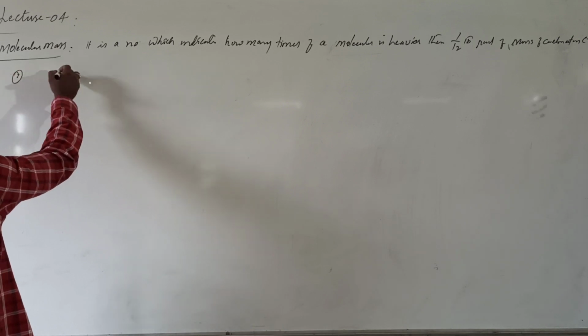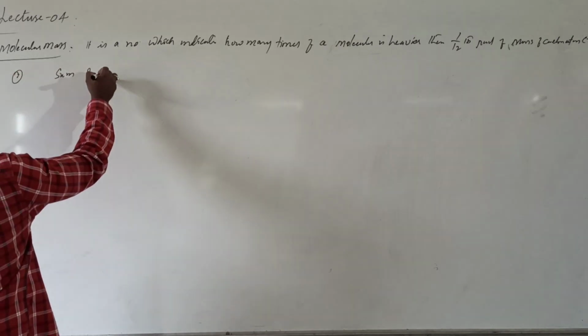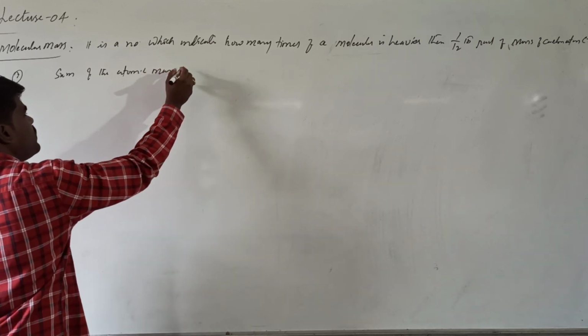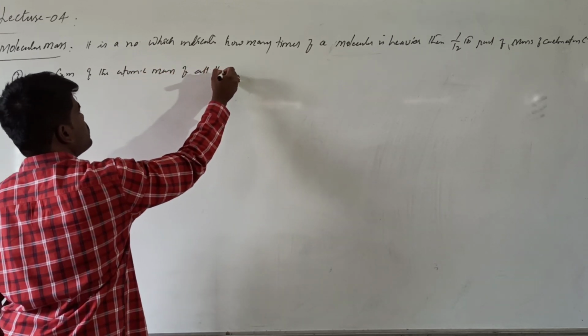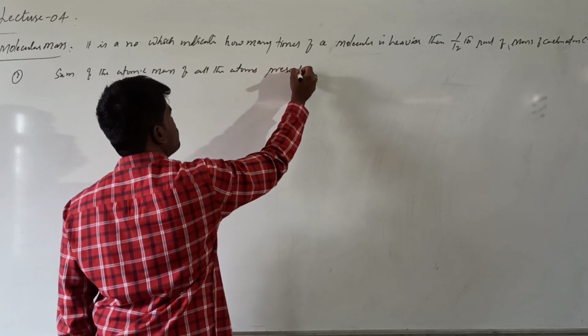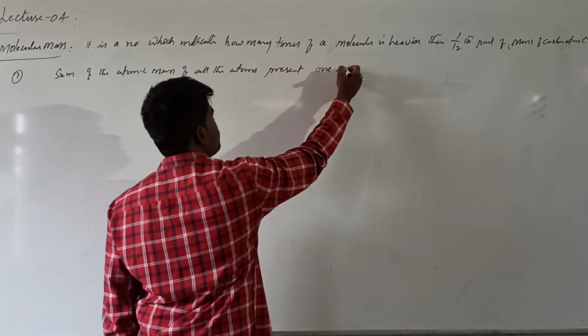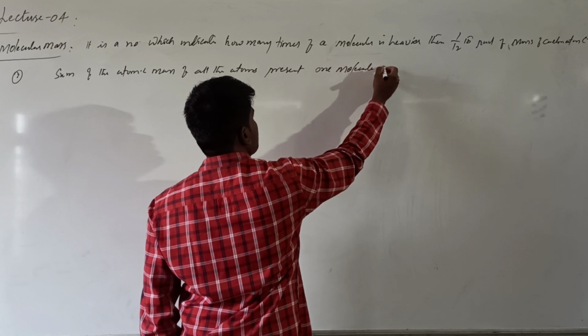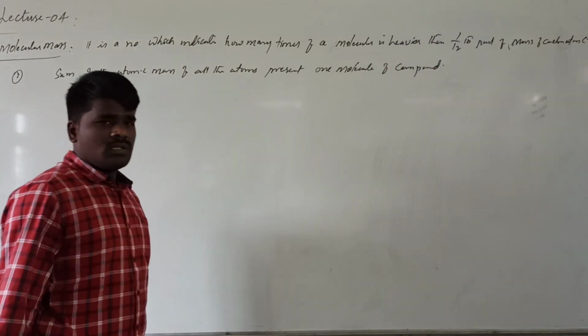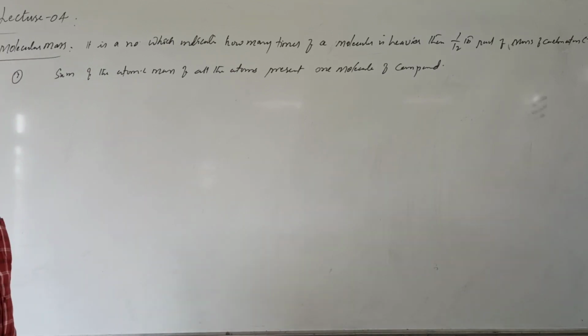Otherwise, what we can say is the sum of the atomic masses of all the atoms present in one molecule of a compound. Right? Of one molecule of any substance.